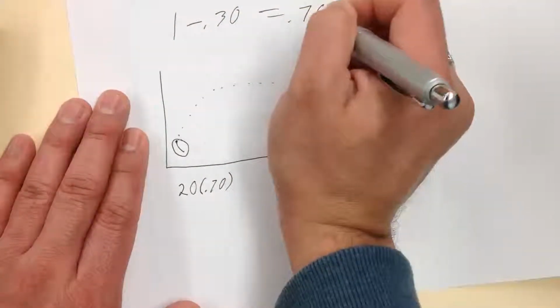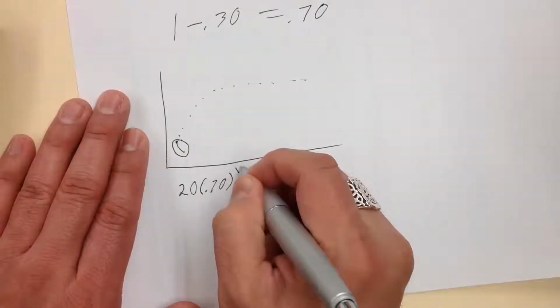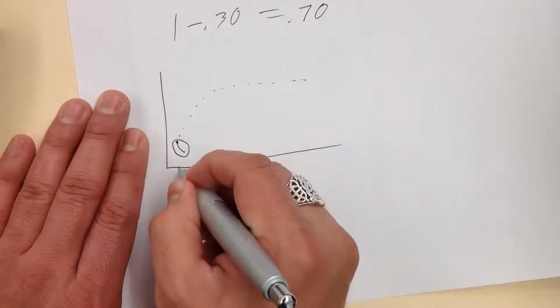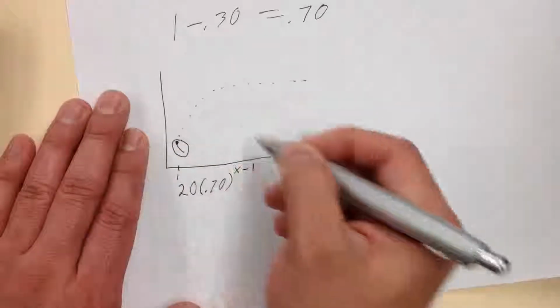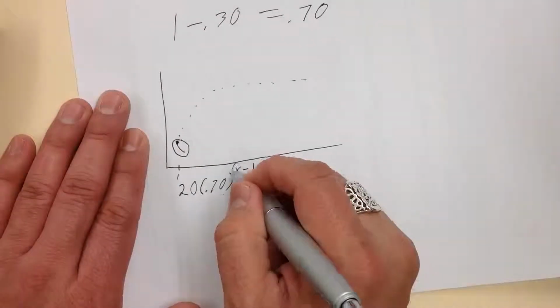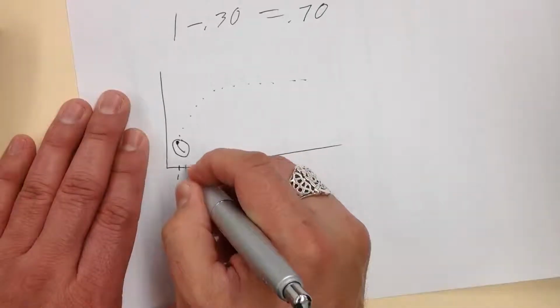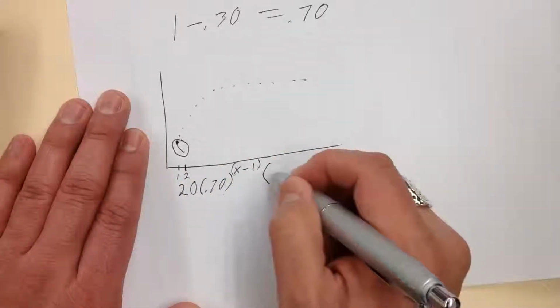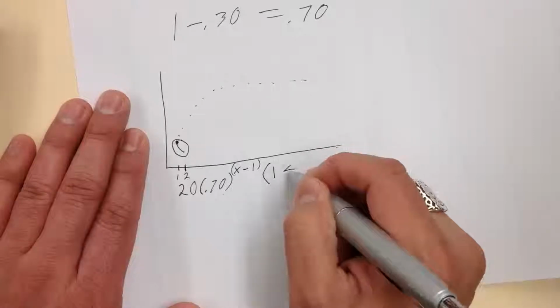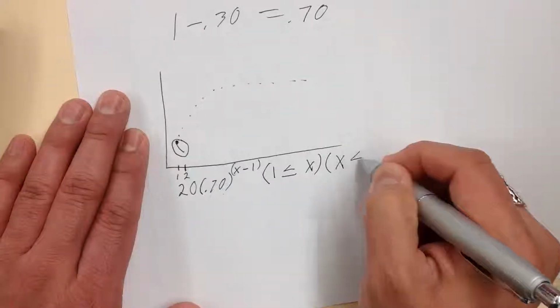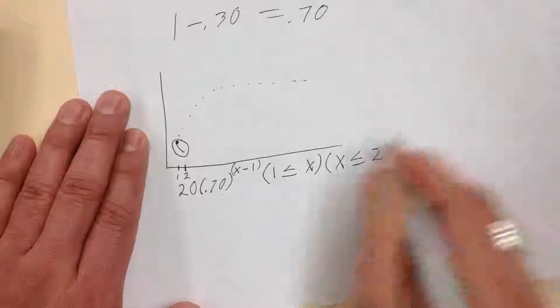That gives you 0.70 to the power of x minus 1, because we want x equal to 1 to start at 20. Then we have to restrict the domain. We're doing this from day 1 to day 2, so 1 is less than or equal to x, and x is less than or equal to 2.